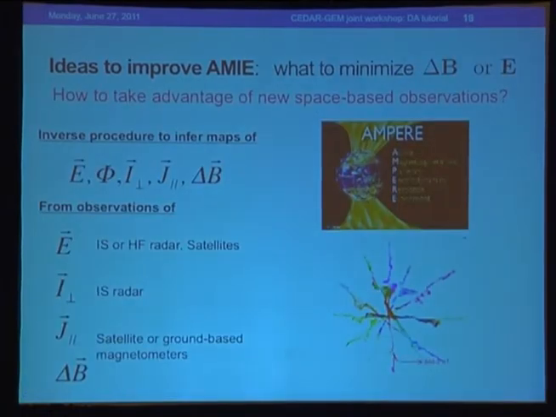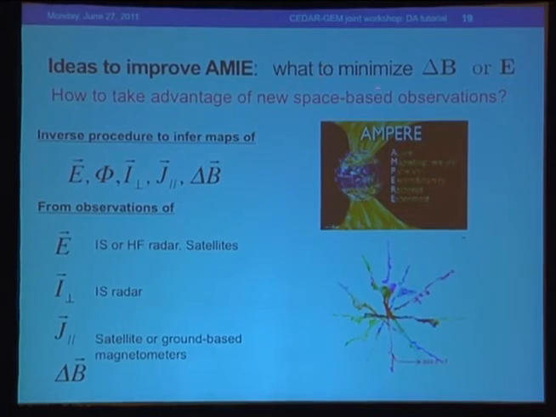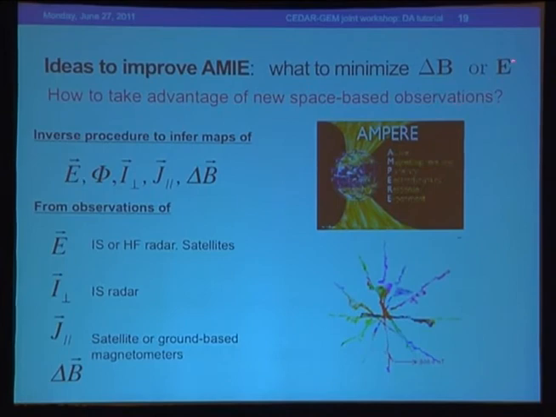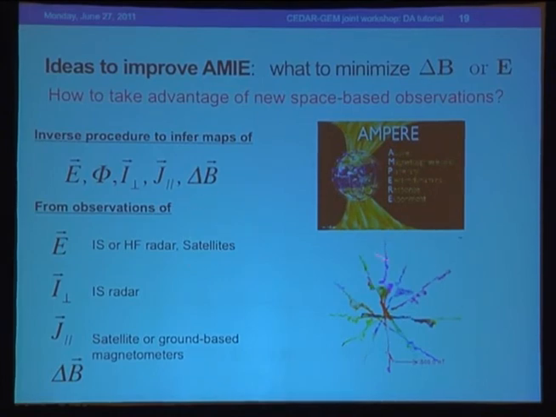And then another new idea is that AMIE solves the minimization problem in terms of the electric field. That means we map all the observations into the electric field, and then we do the minimization in the electric field. But we are starting to get really interesting new types of observations. For example, we are very excited about AMPERE, the Iridium constellation of satellites.